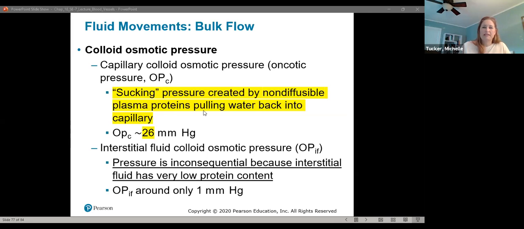It's going to stay consistent because plasma proteins don't leave the capillary. So the osmotic pressure of the capillary is around 26. Interstitial fluid osmotic pressure is considered inconsequential because interstitial fluid has very low protein content, and it's considered to be around 1.